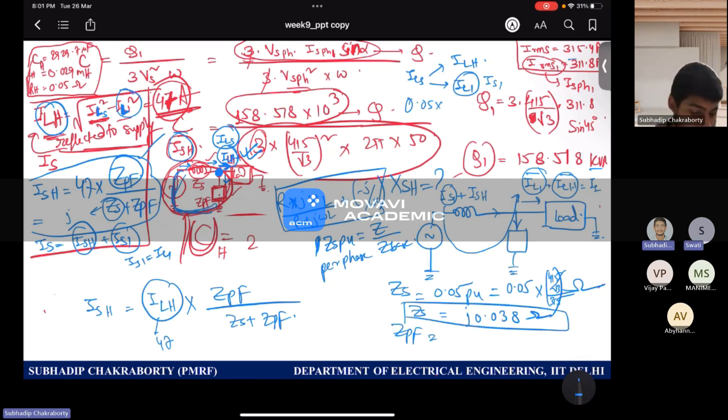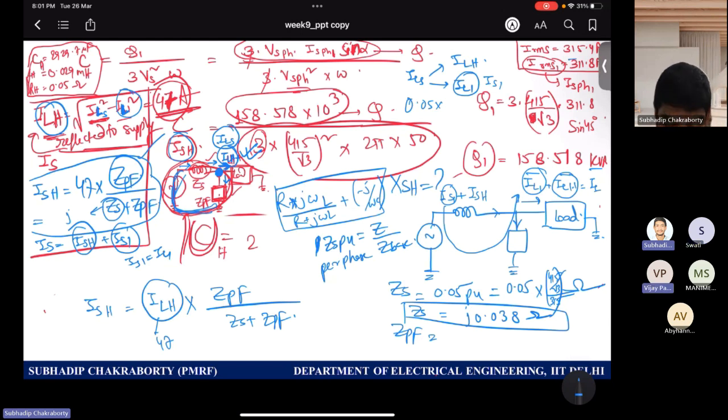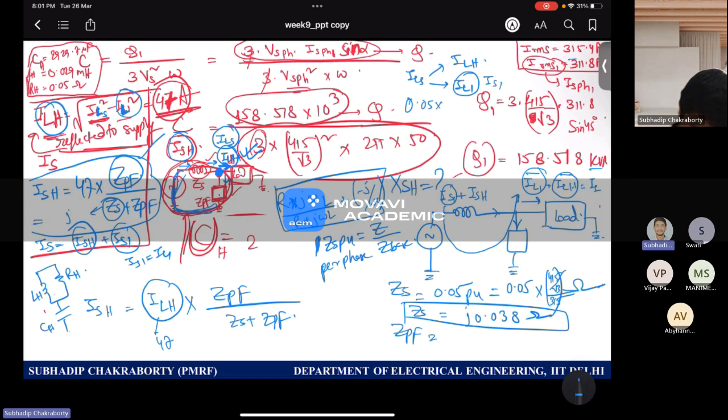So ZS I determined. ZPF you determine. The power filter looks like this: you have L in series with RH, in parallel with RH, and then you have capacitor CH. So this impedance I need.